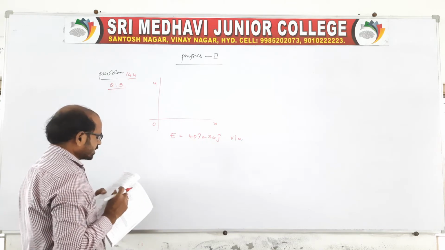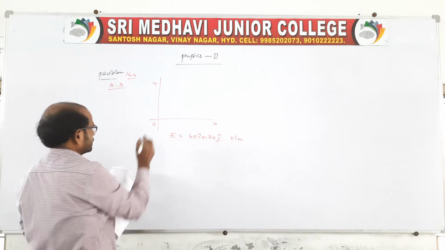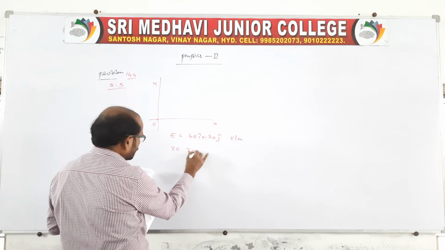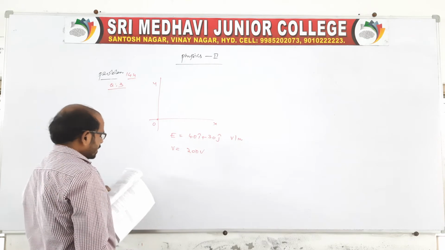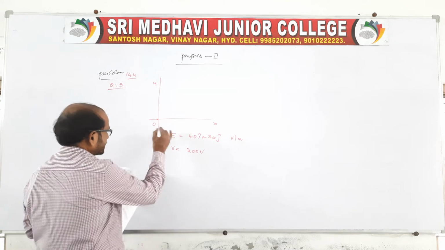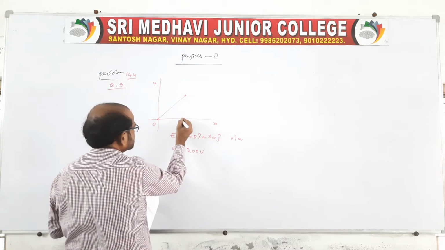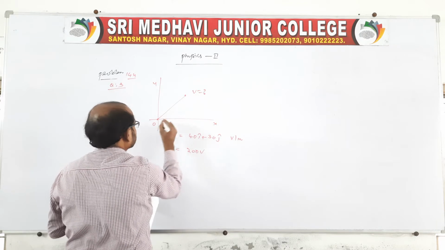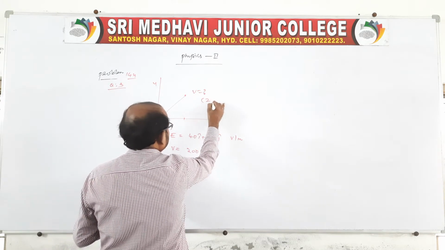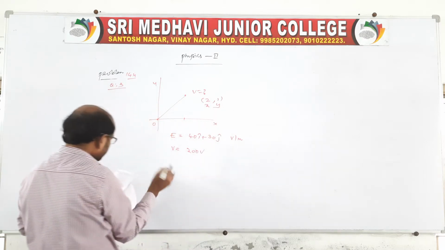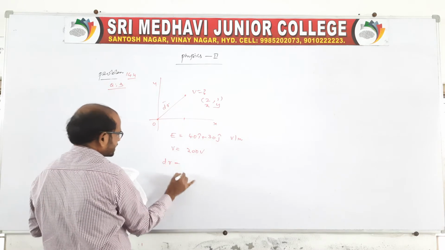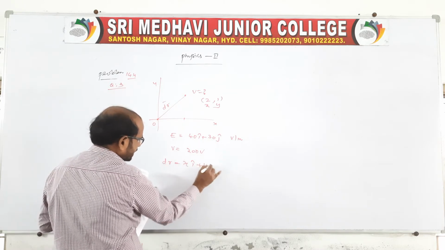If the electrical potential at the origin is 200 volt, then the electrical potential at a point with coordinates 2 comma 1 is being asked. Here x is 2 and y is 1. So we can write the position vector dr equal to x i cap plus y j cap.